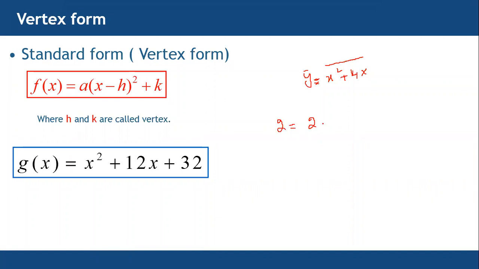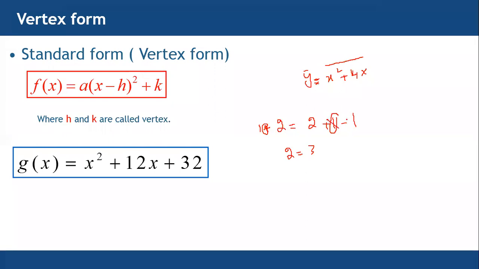If you want to add 1 here, 1 plus 1, so 2 is equal to 3. Is this correct? No. So when you add 1 to the right side, you also need to add it on the left side, or if you add 1 to one side, also subtract 1 on that side.